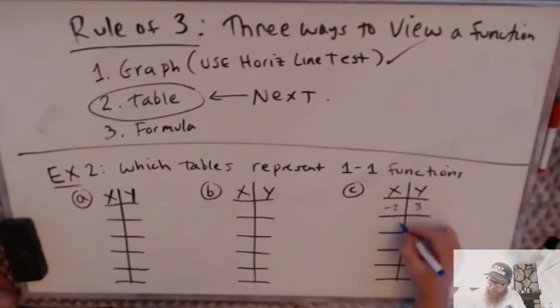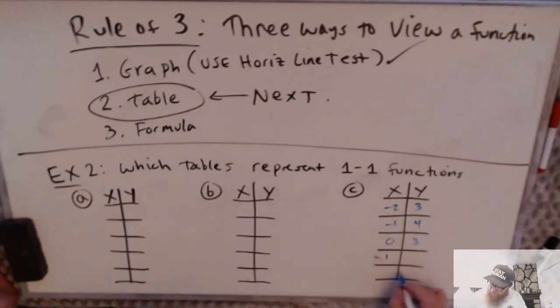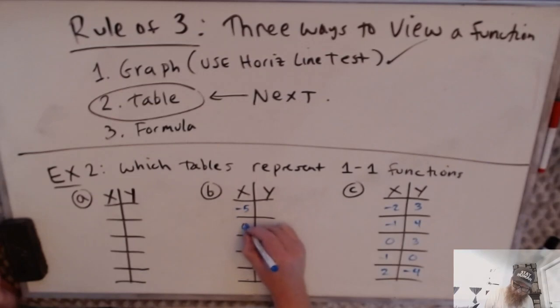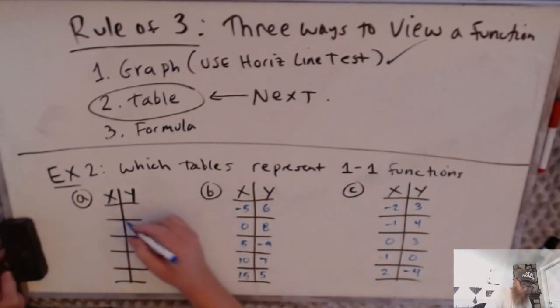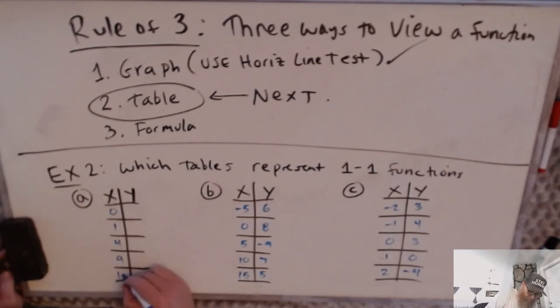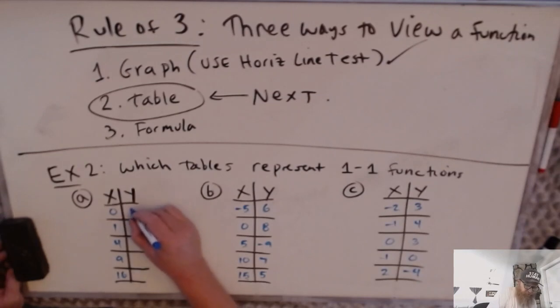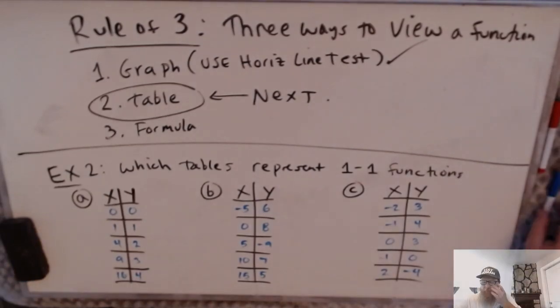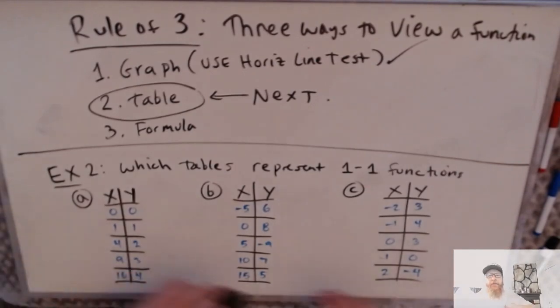So we've got our table of values. It's really blurry.